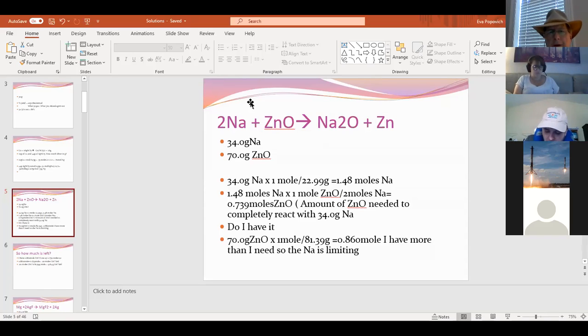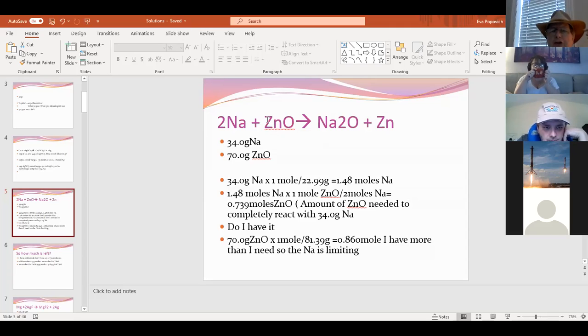Now, I'm going to turn that into how much zinc oxide I need. I have a molar ratio. What's my molar ratio, Hunter? Zinc oxide to sodium. It's almost 1 to 2. It's not almost, it is 1 to 2. Because there's a 2 coefficient in front of the sodium, a 1 in front of the zinc oxide.